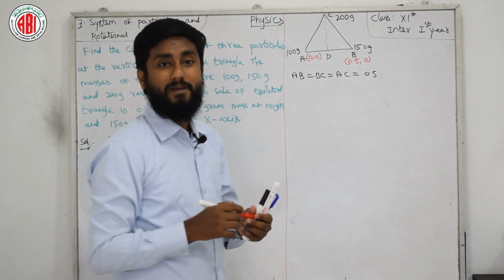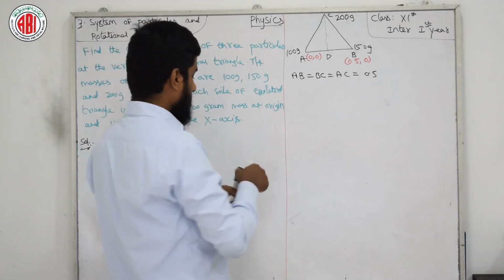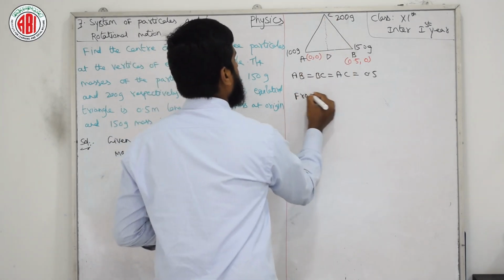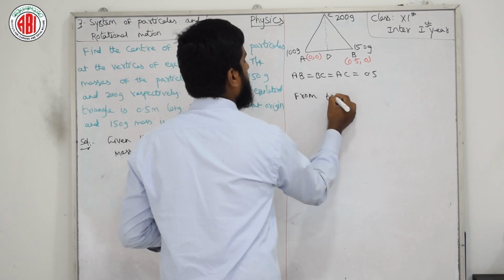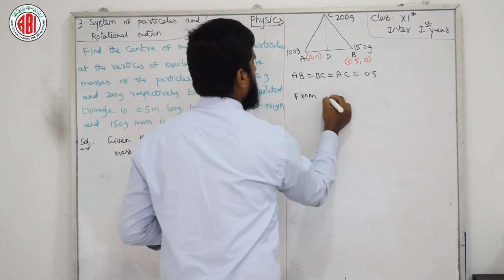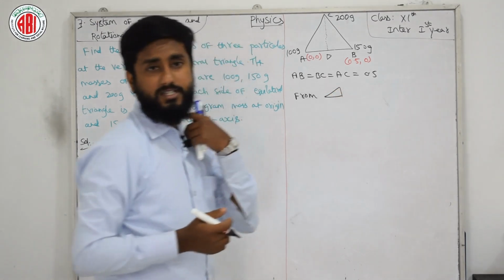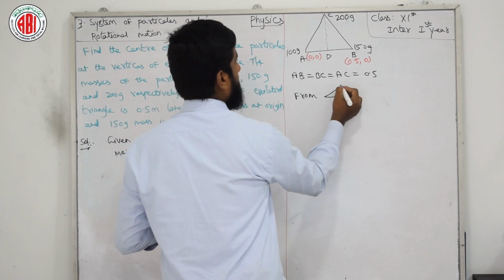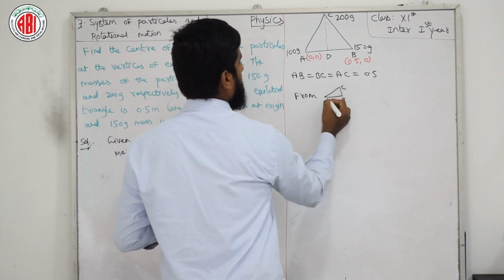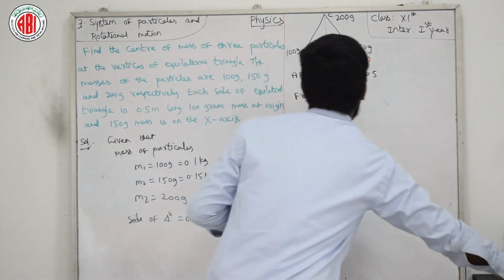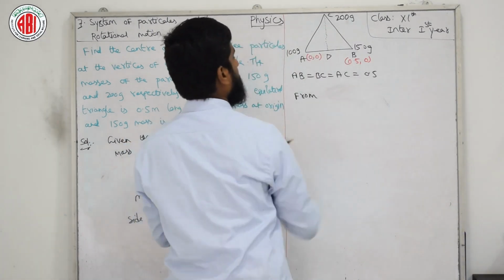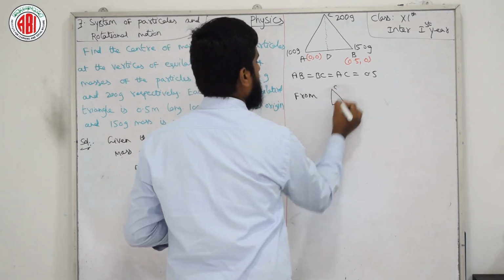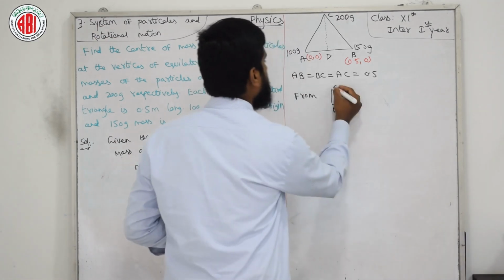Whereas for C, how can I find the coordinates? For that I need to apply the Pythagoras theorem. From triangle BCD, I am going to draw a small triangle so that you can see it. What does the Pythagoras theorem say?